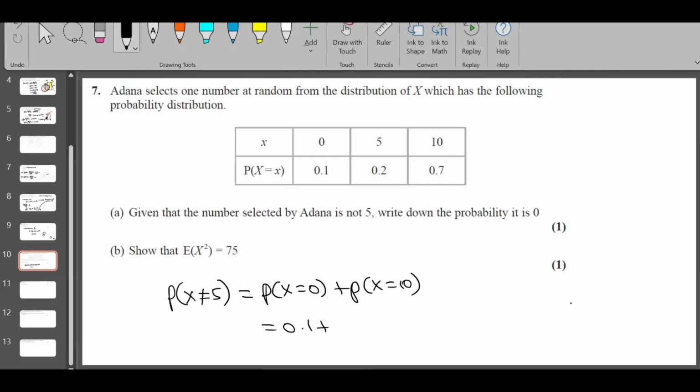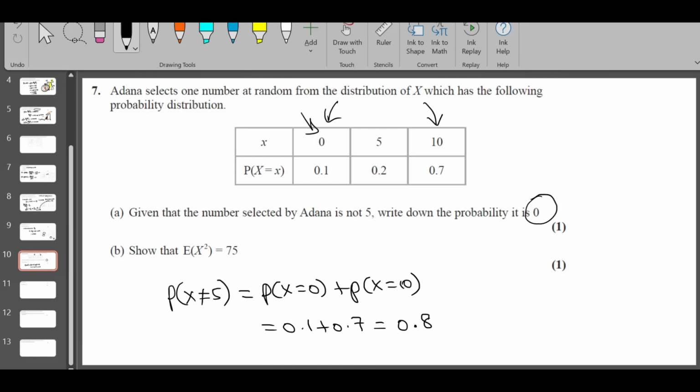So 0.1 plus 0.7 is 0.8. But if you read the question, we are missing a point actually. The question says, given that the number selected by Adna is not 5, so it can be 0 or 10. So the probability of not 5 is 0.8. But write down the probability that it is 0.